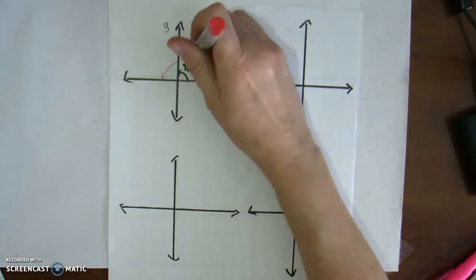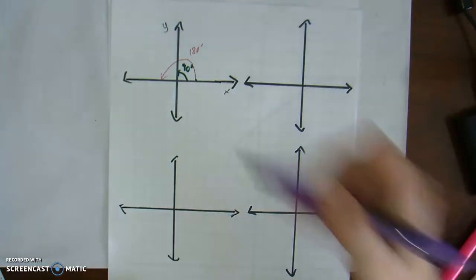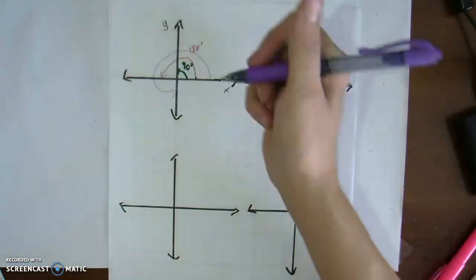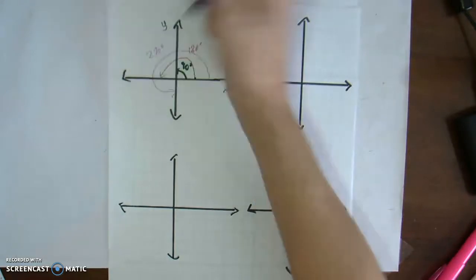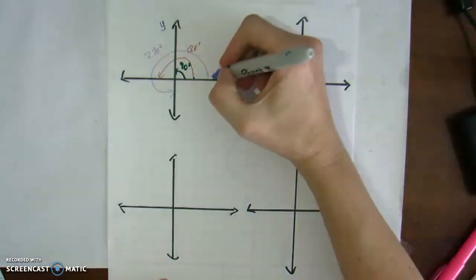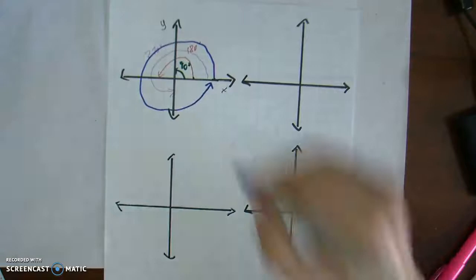There's 180 degrees. 270 degrees, well, that would go around the bend like this and wrap around and hit right down there at 270 degrees. And then finally your friendly 360 degrees that comes all the way around and back again.